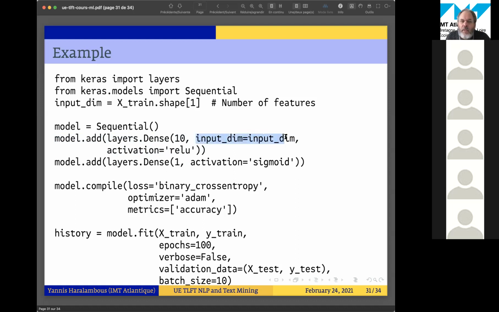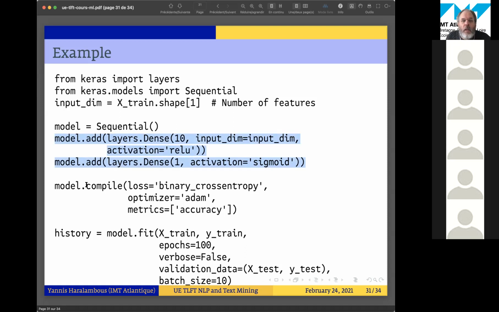Here we need to specify it because it's the first layer. And our output dimension will be 1. So we do a binary classification. And the activation function will be sigmoid instead of ReLU. Here we have described our neural network.